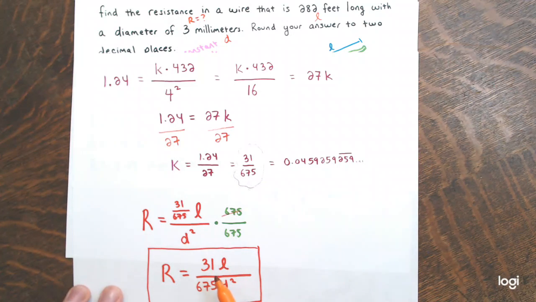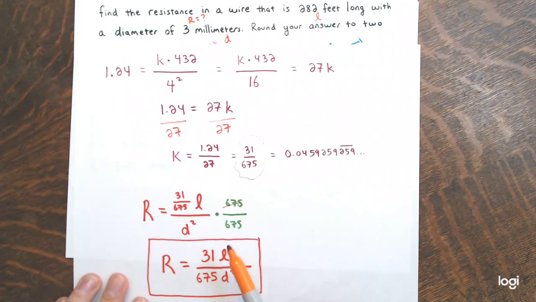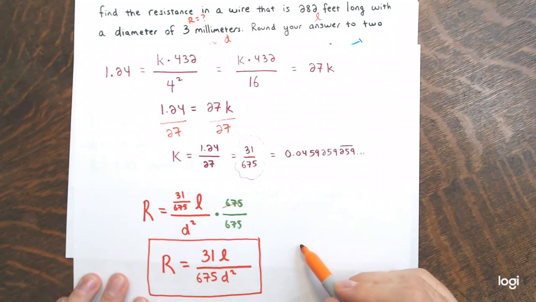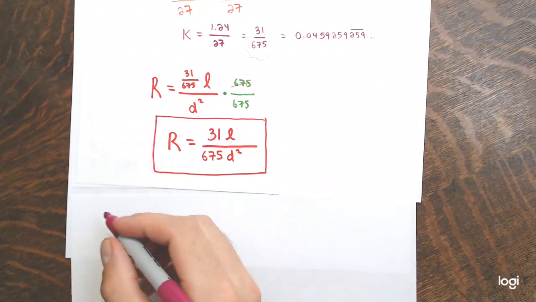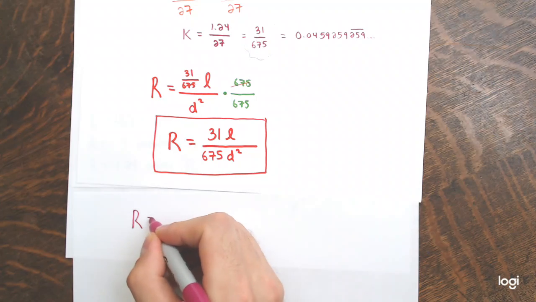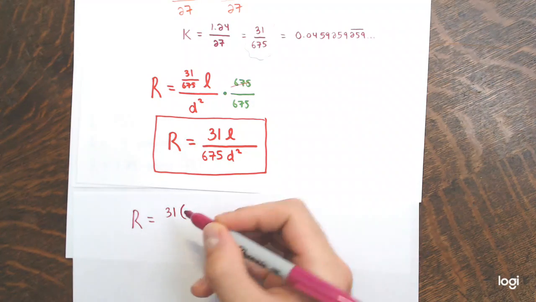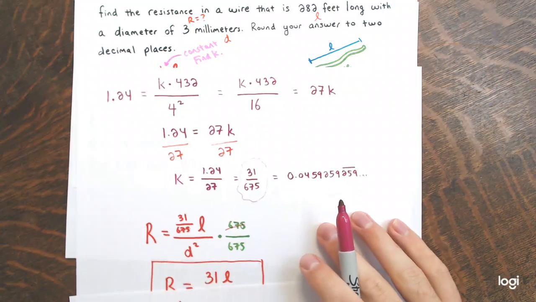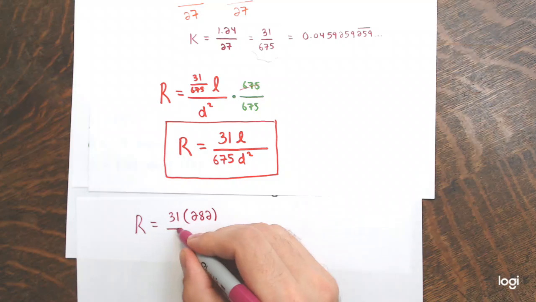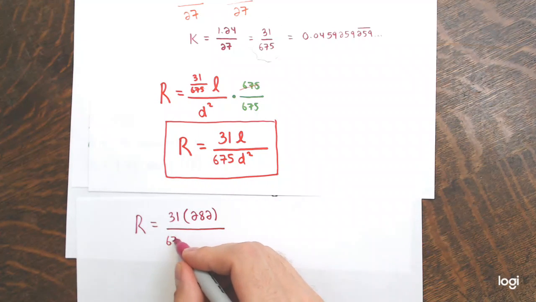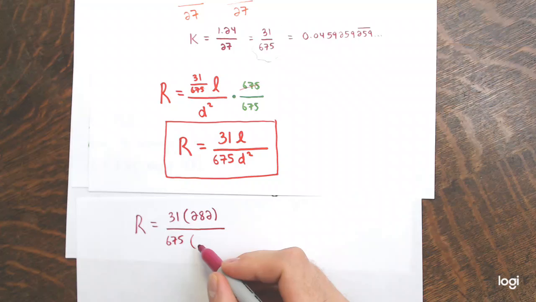Okay, so I'm just replacing L with 282 feet, and the diameter with 3 millimeters, and we'll see what the resistance ends up being. So we have the resistance equals 31 times the length, 282, divided by 675 in the denominator times the diameter, 3 millimeters, squared.